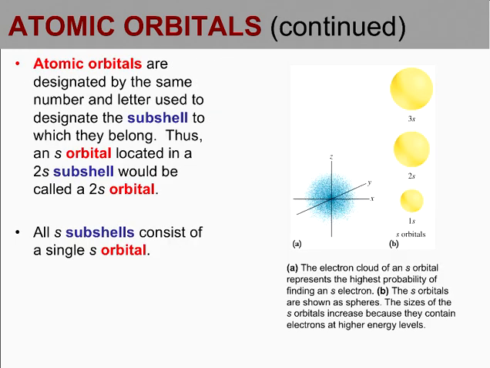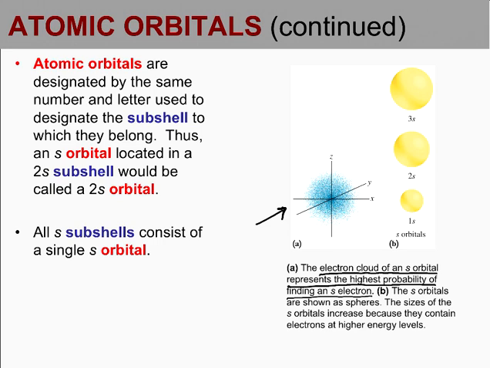Now, each atomic orbital has its own shape or volume. So, for example, you can see on the right-hand side that we have what's called a probability map of an electron's location. So down below it says the electron cloud of an s orbital represents the highest probability of finding an s electron.